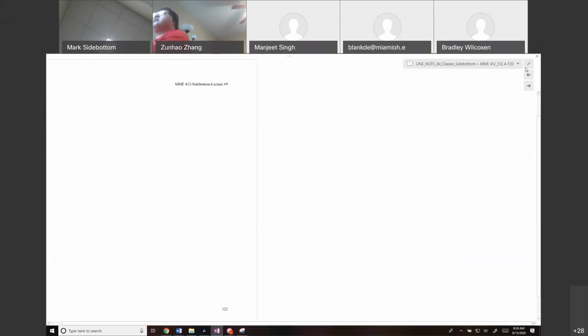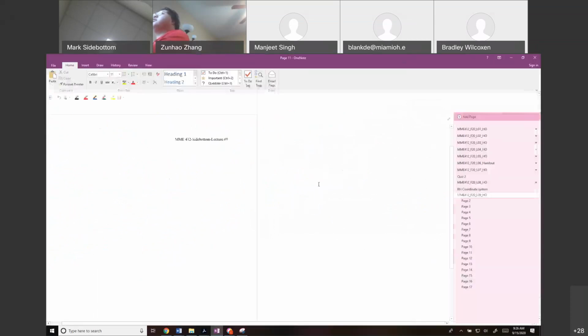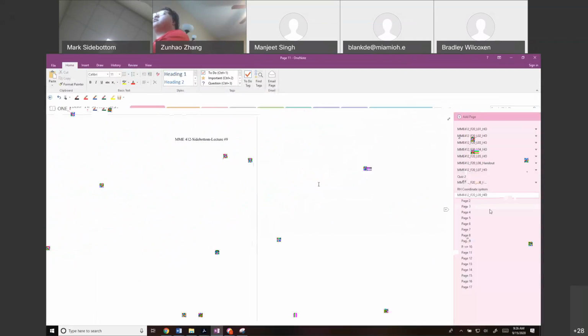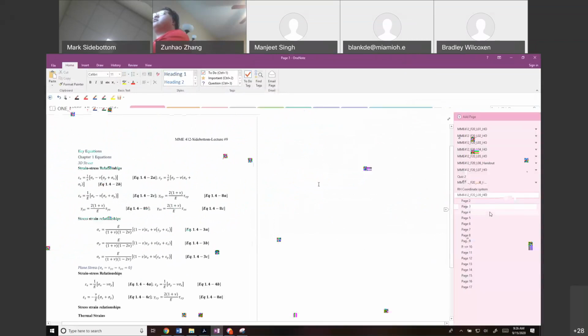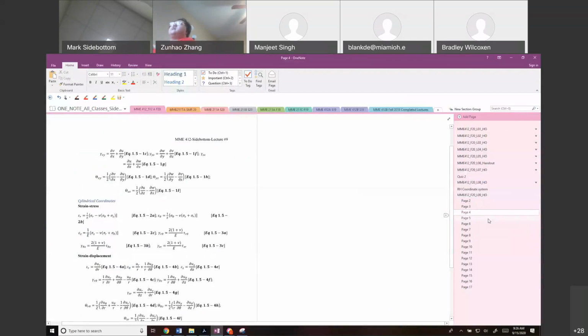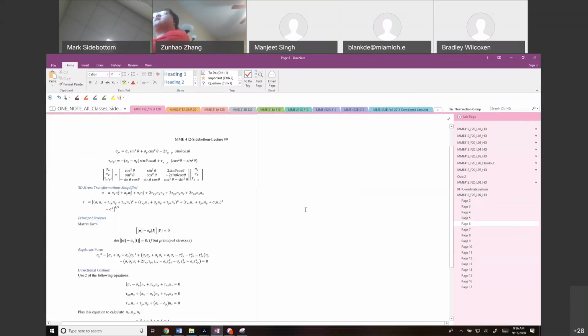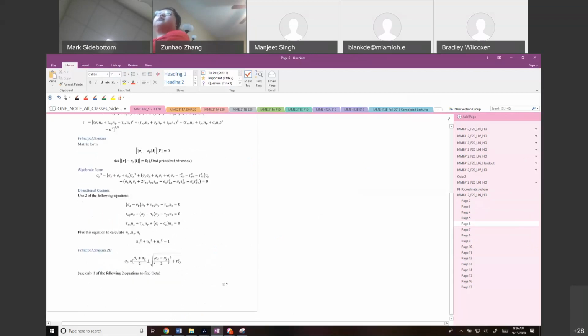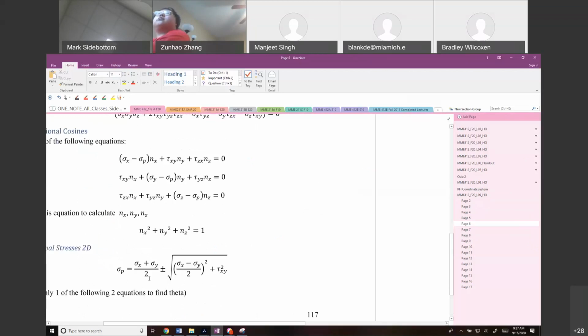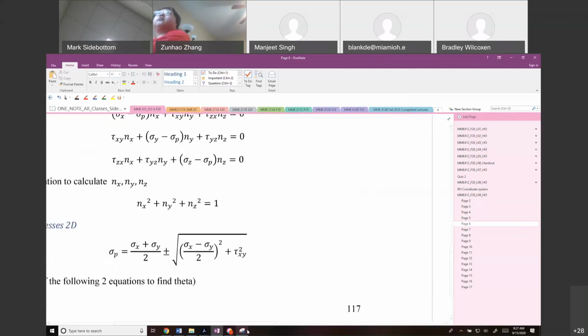So if we go back to the equation sheet, here for 2D, we can use this equation to solve for our principal stresses.